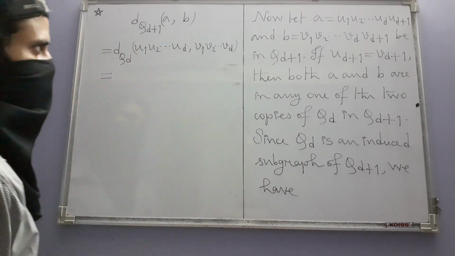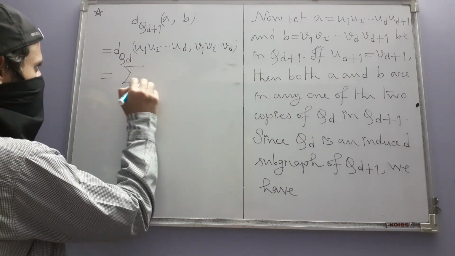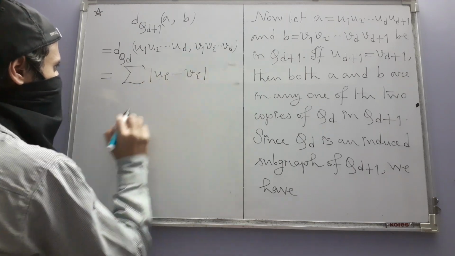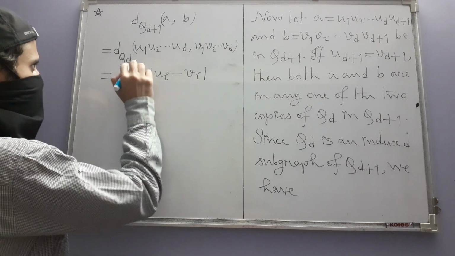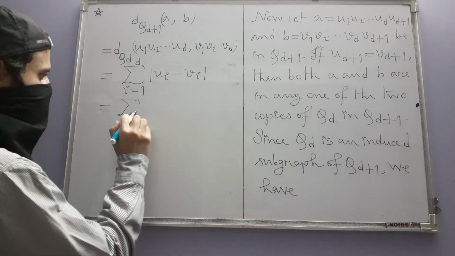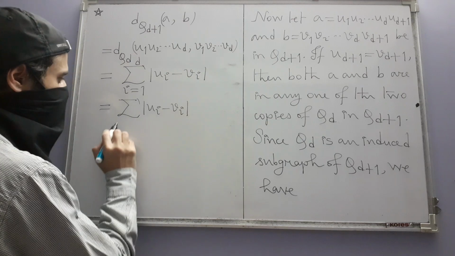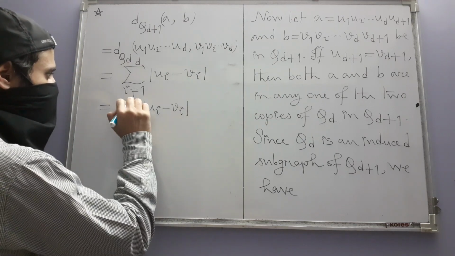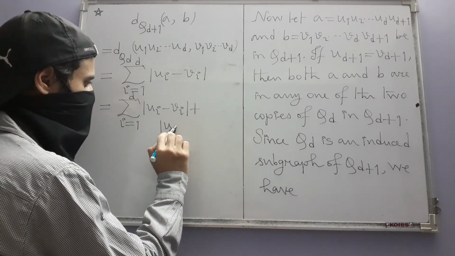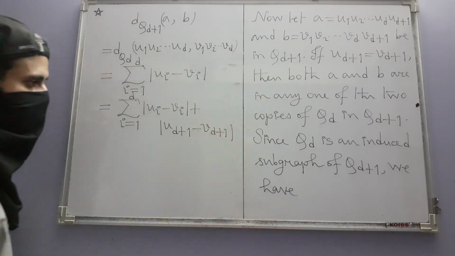Okay, so this is the thing. But now you can use your induction hypothesis, and the induction hypothesis says that this is equal to summation Ui minus Vi, where i varies from 1 to t. But now see how nicely all the things fall in place. Besides this one, you can also write another term, which is this.